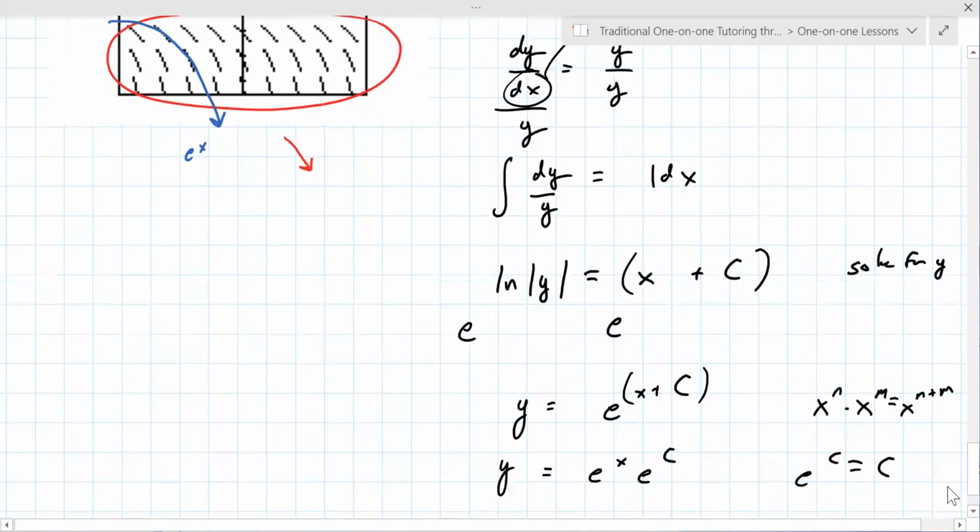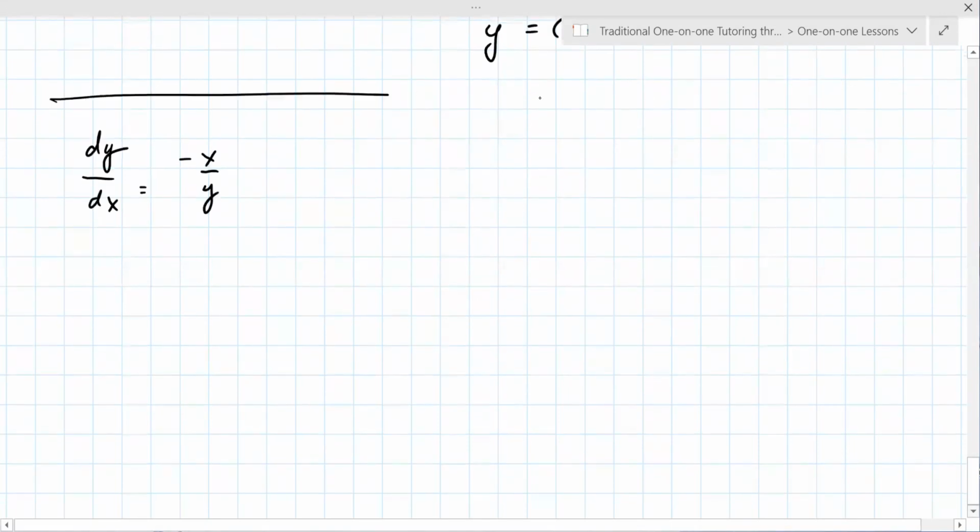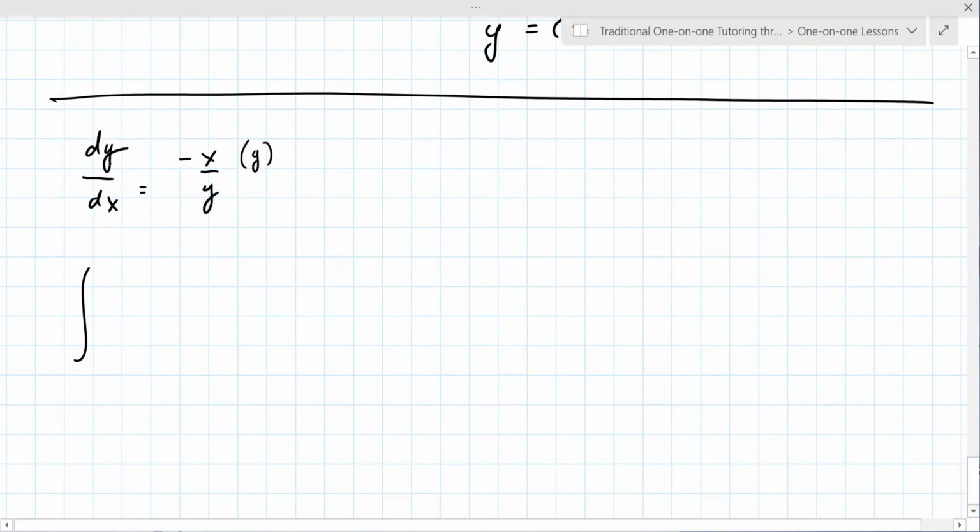All right, let's do another one of these separable differential equations. This next one here, dy dx equals minus x over y. I'd like you to try solving this one. Well, remember, this time you're multiplying by y, because you're just trying to undo it to get to the other side.